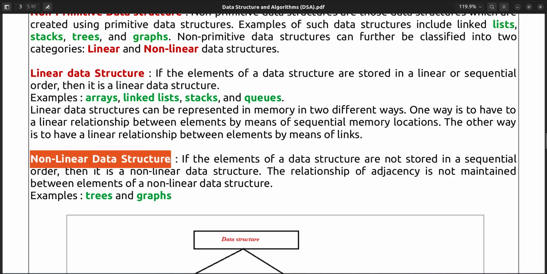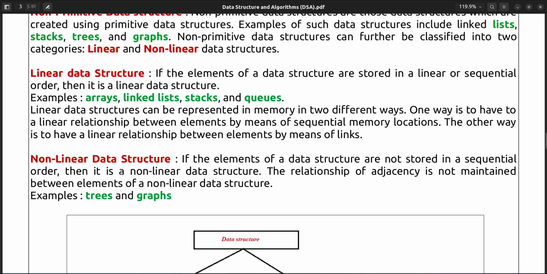Non-linear data structure. Here the elements will not be stored in sequential order. If the elements of a data structure are not stored in sequential order, then it is a non-linear data structure.